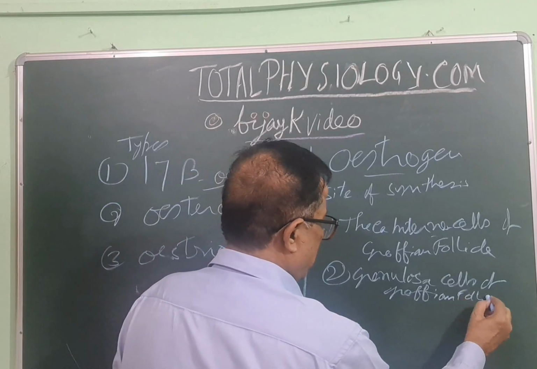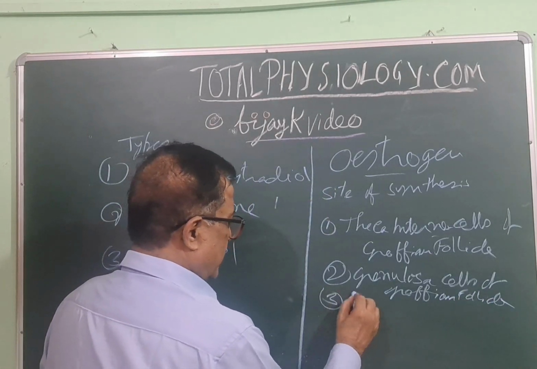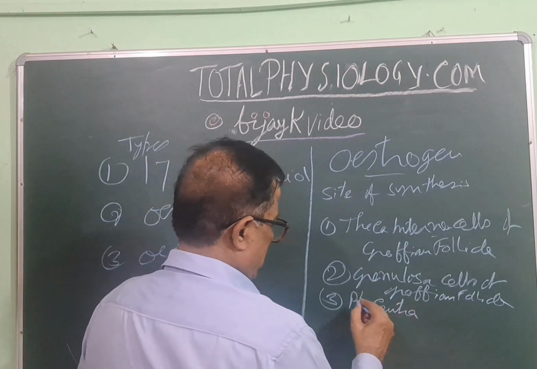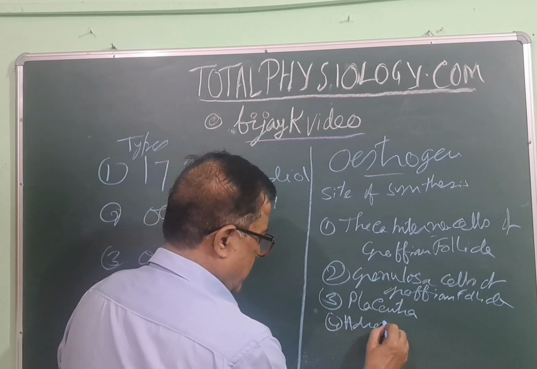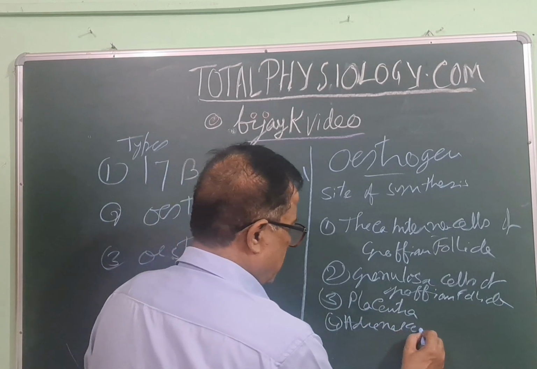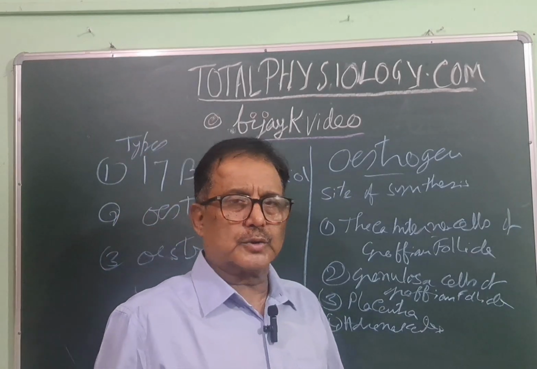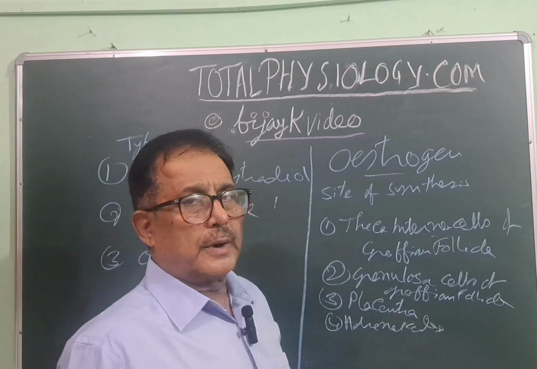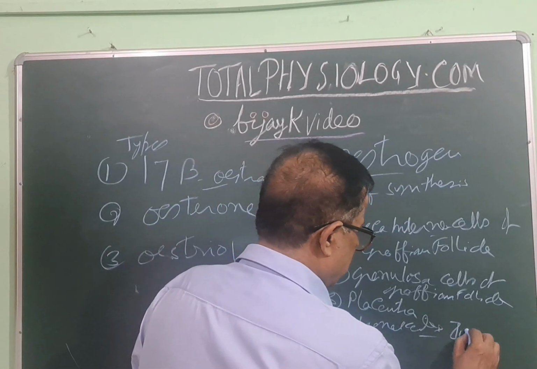Third, placenta. Fourth, adrenal cortex. Of its three layers, zona glomerulosa, zona fasciculata and zona reticularis, it is secreted in zona reticularis.